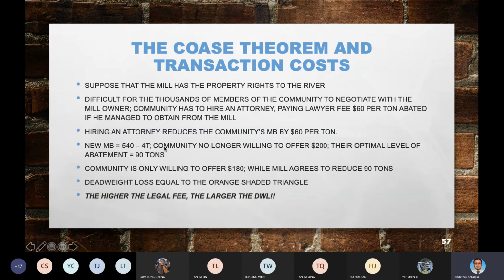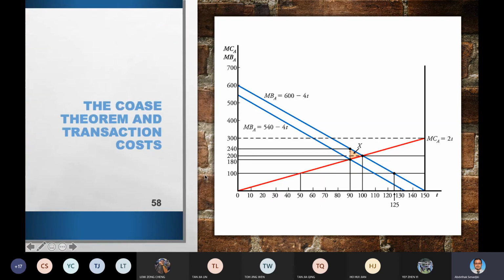So the community is no longer willing to offer $200, because their optimal level of abatement will be reduced from 100, and we can see it here in this graph. This is the original marginal benefit. The marginal cost will not reduce.